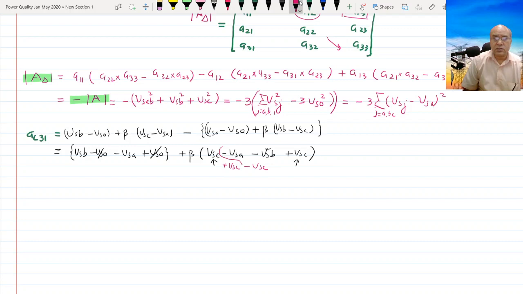So here we will add one more Bsc and subtract one more Bsc. So this becomes minus 3Bs0, zero sequence voltage, and this becomes 3Bsc. So 3Bsc minus 3Bs0. Take 3 common. So this is beta already here. So this whole term becomes 3 beta Bsc minus Bs0. And this side it is Bsb minus Bsa.